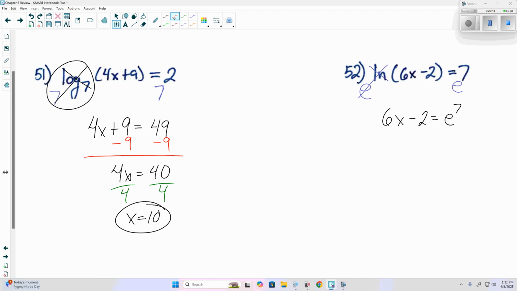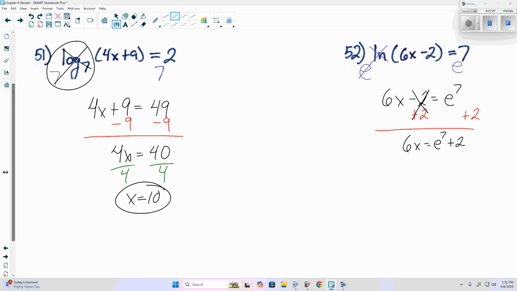Now we just need to get x by itself, so we can add 2 to both sides. 6x equals e to the 7th plus 2. And then lastly, we're going to divide both sides by 6, telling us x is equal to e to the 7th plus 2, all over 6.